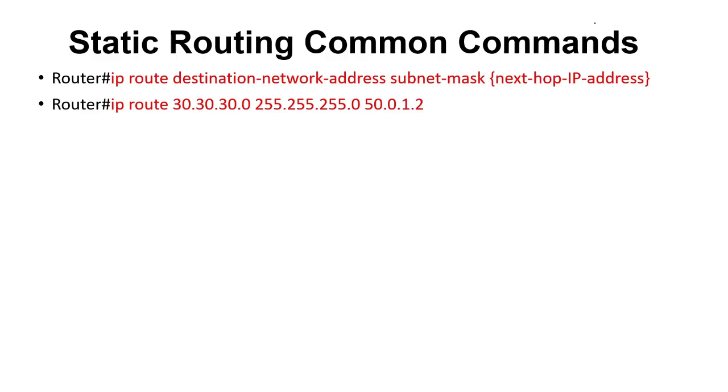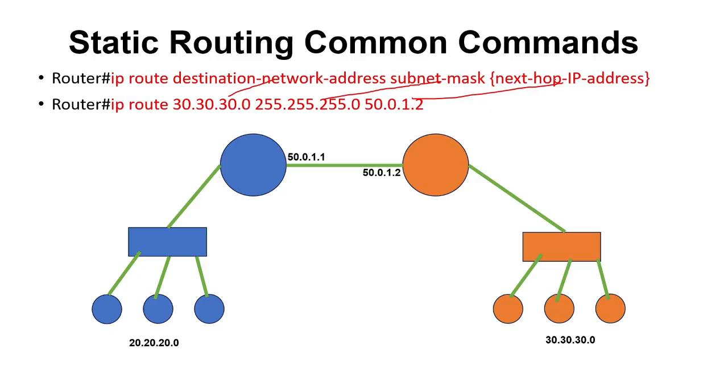Let's say, for example, this is an example command: ip route, this is the destination network address, this is the subnet mask, and then this is the next hop IP address. This is the diagram of the example command.